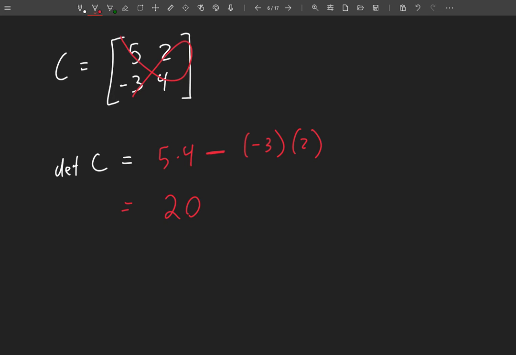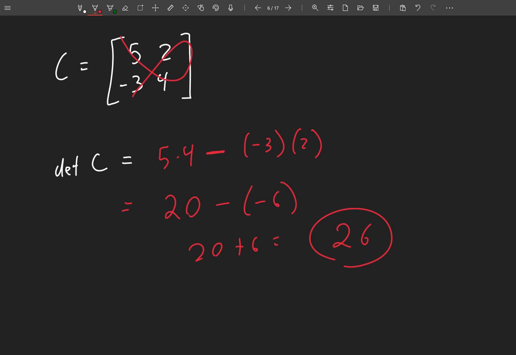And now this is a negative 3 times 2, which gives me negative 6, right? But what's going to happen here is you're subtracting a negative number. So that's actually 20 plus 6. So the answer is 26. So be very, very careful with your negatives, especially since the determinant always has a subtraction sign in it. So be aware, if you already have a negative, you're going to have to switch those signs.